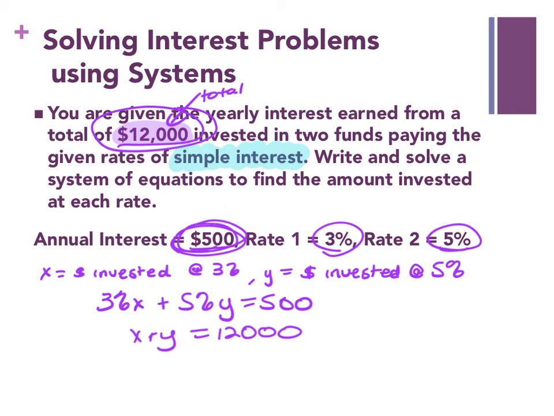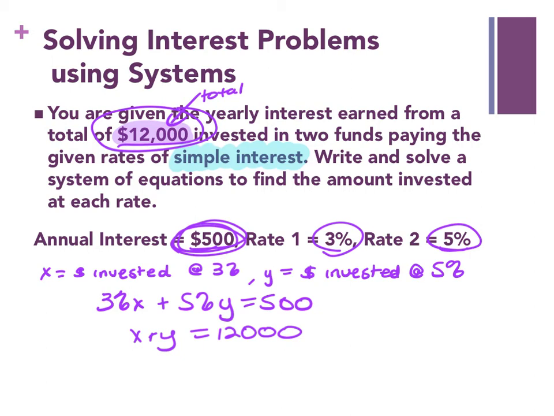So this type of information could change. Sometimes it'll say the total amount like this one. Sometimes it'll say you invest twice as much at 3% than you do at 5%, so it would be 2x equals y, that kind of thing. They could say you invest 3,000 more at 5% than you do at 3%, and you would set it up that way. This one just gave me the overall total.